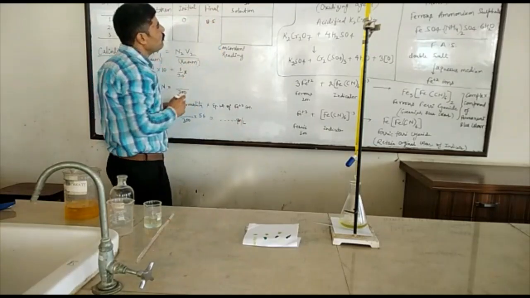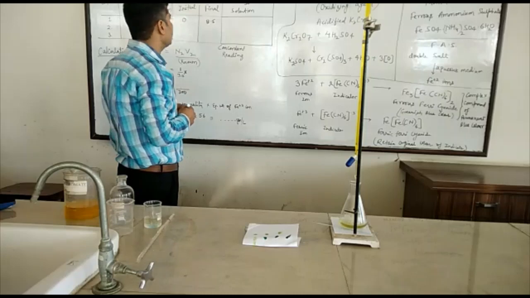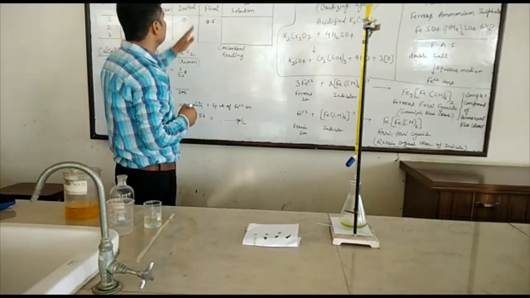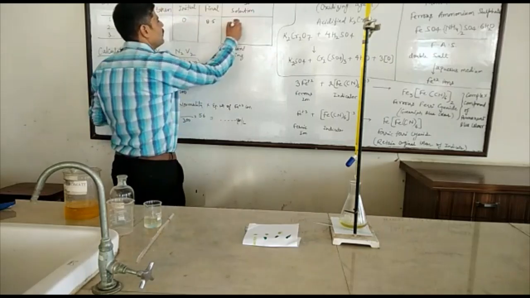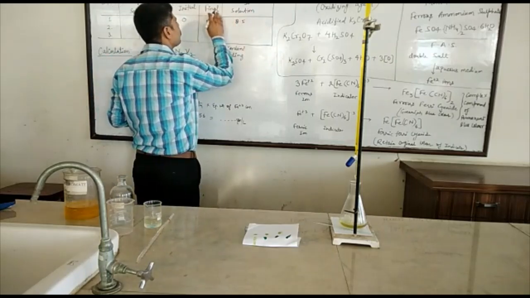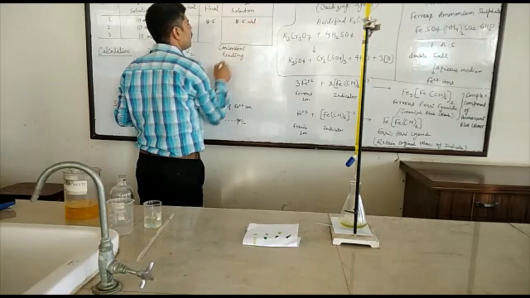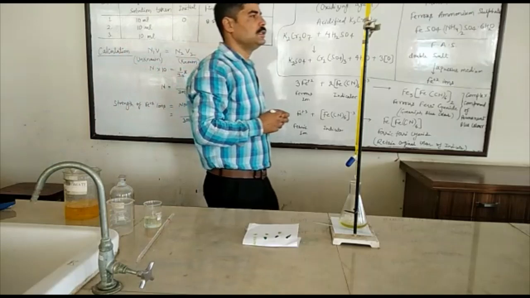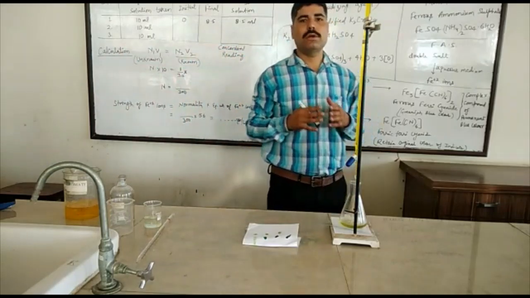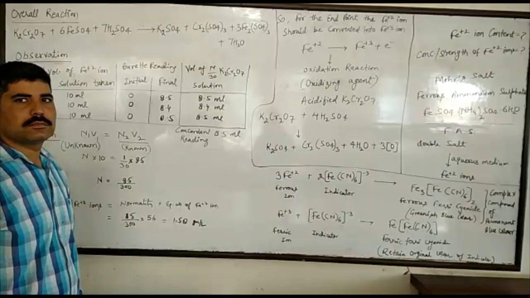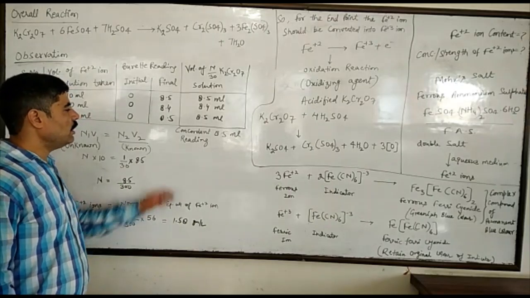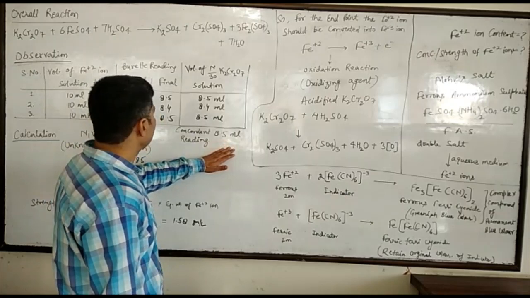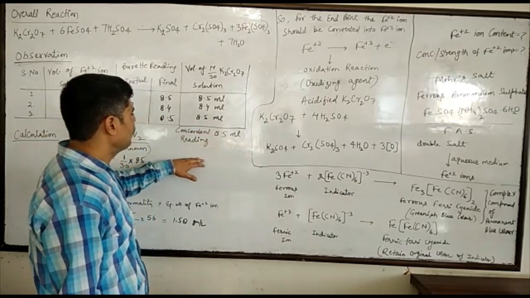So finally, the volume of N/30 potassium dichromate used against the Fe+2 ion solution is 8.5 ml. We have to subtract the initial reading from the final, that is 8.5 in this case. Now we have to do the same job 3 times to get the concordant reading, and the concordant reading is 8.5, which we get when we run the same experiment 3 times.